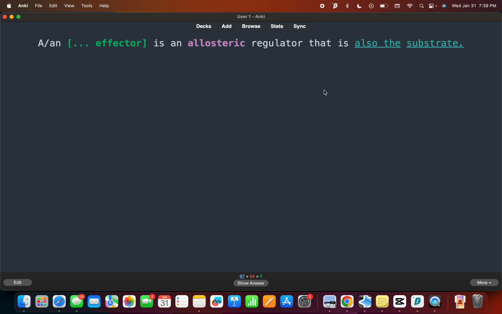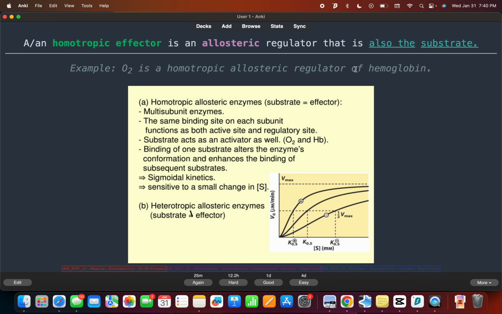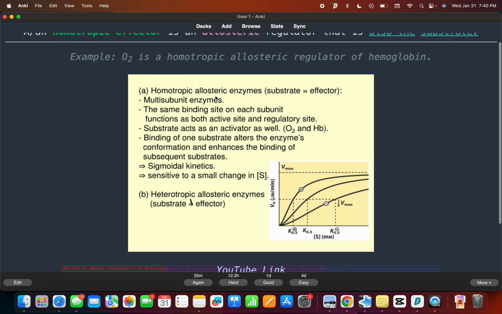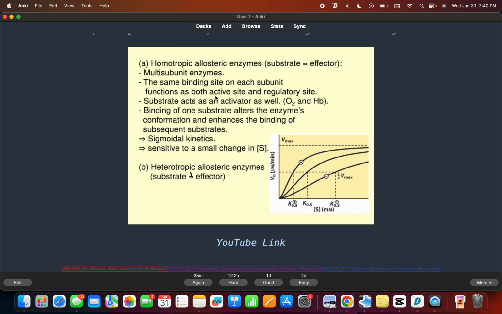What effector is an allosteric regulator that is also a substrate? Homotropic. O2 is a homotropic allosteric regulator of hemoglobin. Wow. Homotropic allosteric enzymes: substrate equals effector.